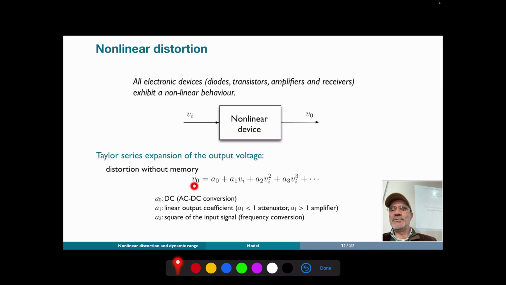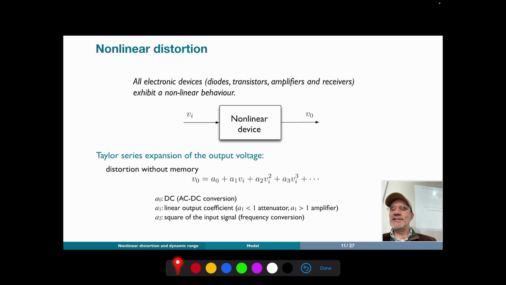And so the output voltage depends not only on this linear term, on the input voltage, but depends also on the square and on the cube and the higher order terms.